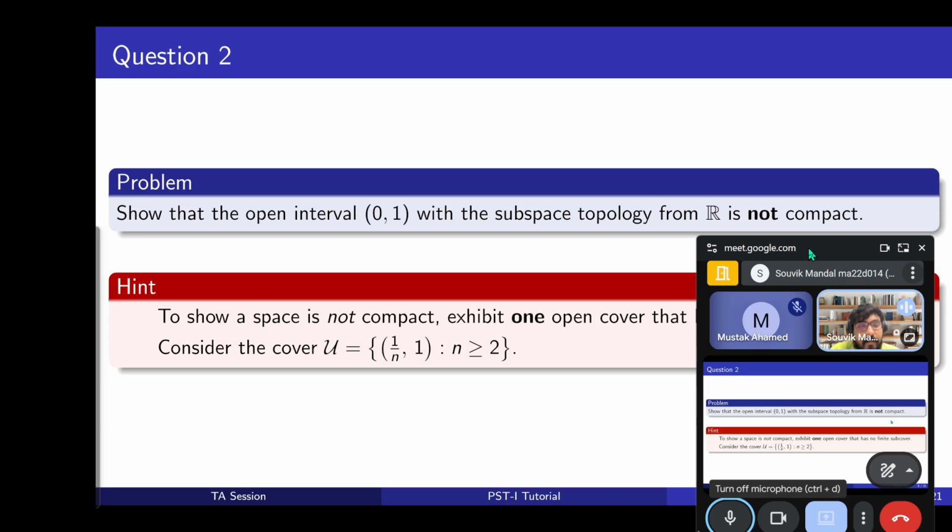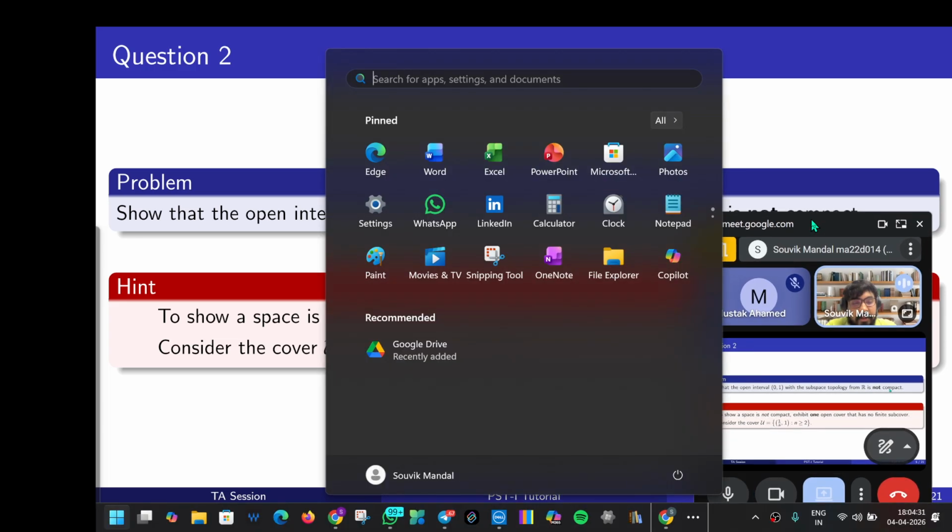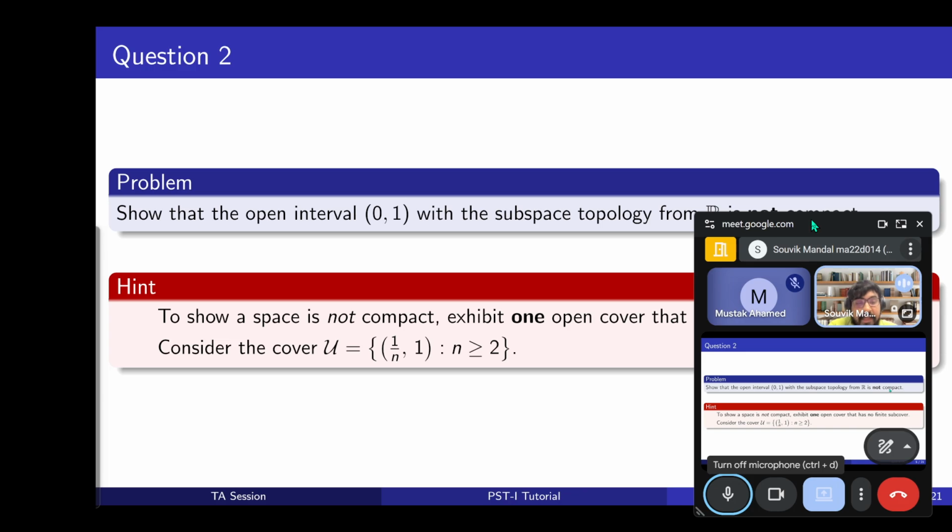The sets (1/n, 1) will not work, as per the hint. Please try to figure it out or prove it by yourself; otherwise, I will present the proof.